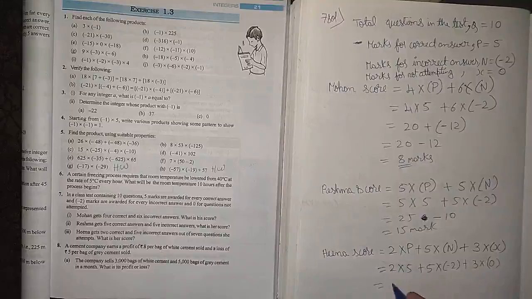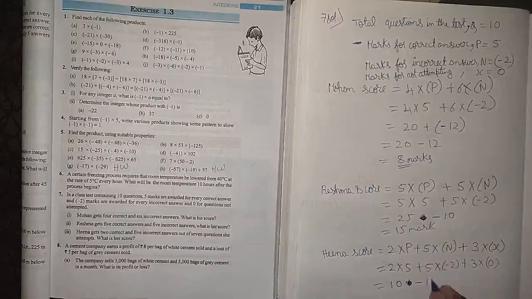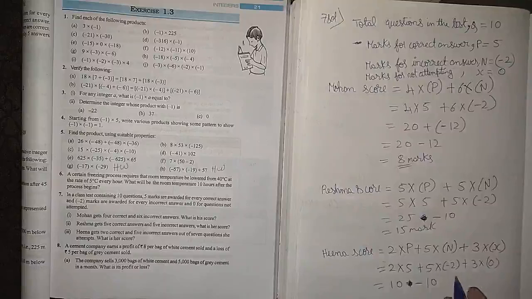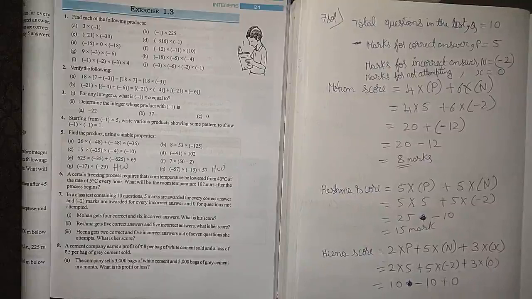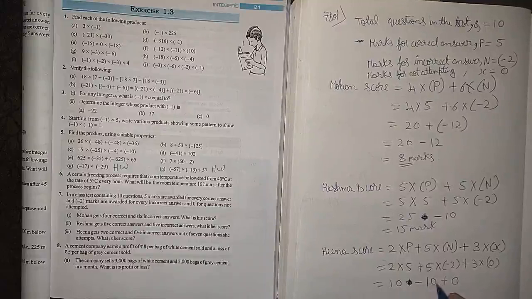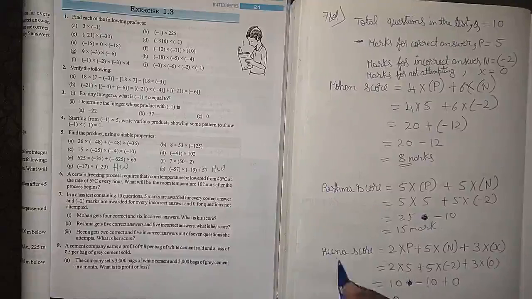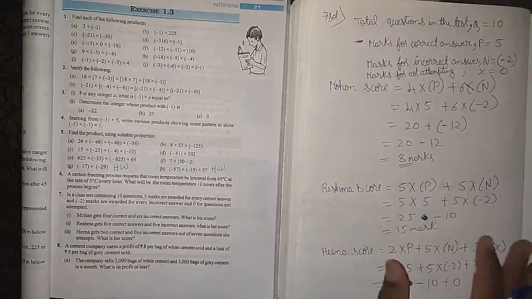So 2 into 5 will be 10, plus into minus is minus, 5 into 2 is 10, plus 3 into 0 is 0. So 10 minus 10 will be 0, 0 plus 0 will be 0, final answer will be 0. Hina's score will be 0. This is how you will solve the answer for the 7th question.